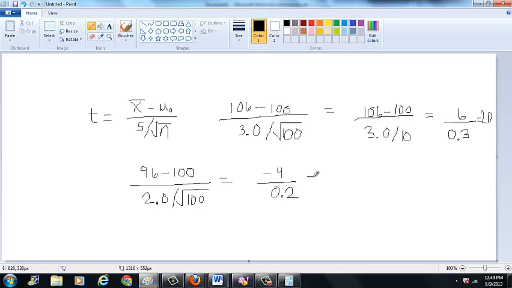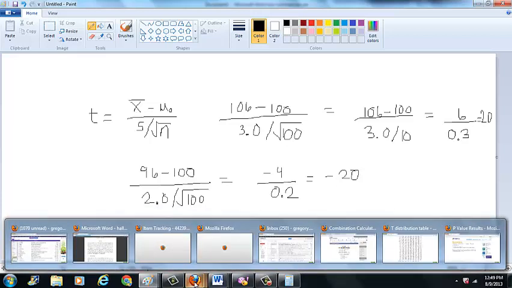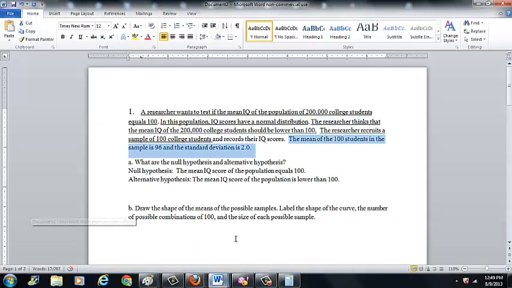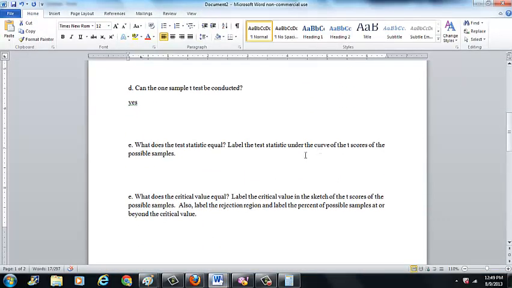Except this time, the top came out negative 4, which means the t-score will be negative 20 instead of positive 20. The test statistic is negative 20.